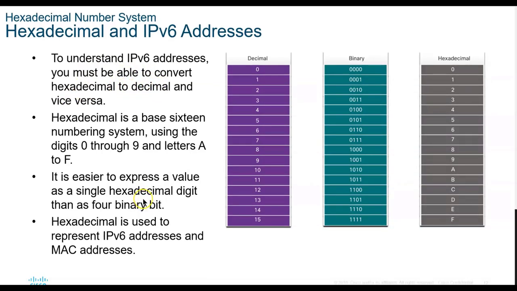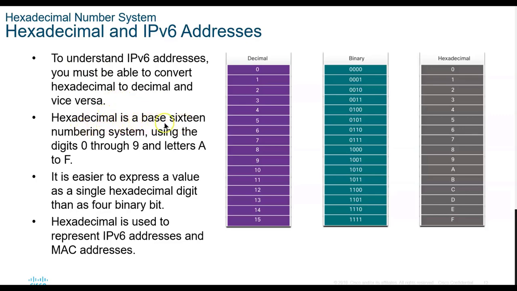You're learning this dotted decimal system, this binary system, this hexadecimal system, to get an understanding of what's happening behind the scenes. So like I said, to understand IPv6 addressing, you must be able to convert hexadecimal to decimal and vice versa. So when they put that must there, they're basically saying you need to understand this.